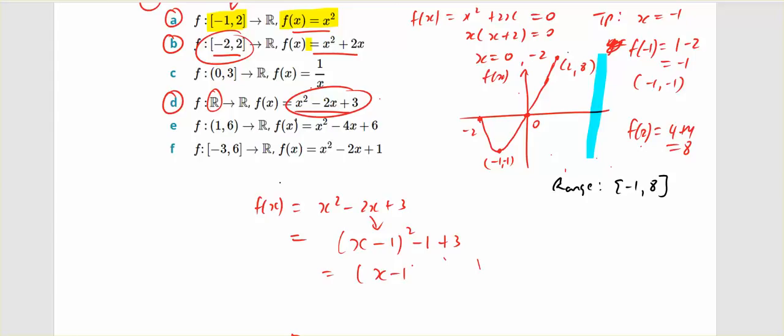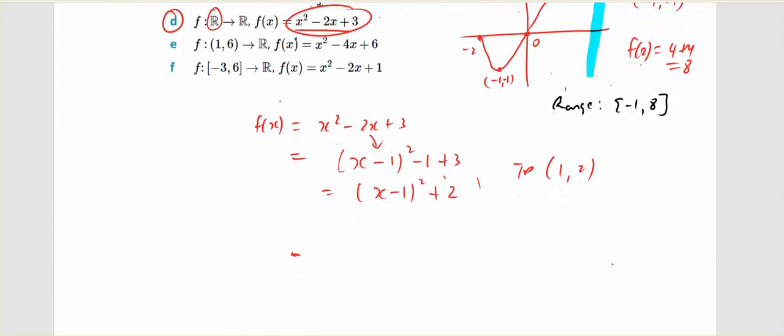So -1 plus 3 is 2. So the turning point is at (1, 2), and it's an upright parabola. We're not going to get any x-intercepts, so it's good that we didn't attempt to find them, because there aren't any.